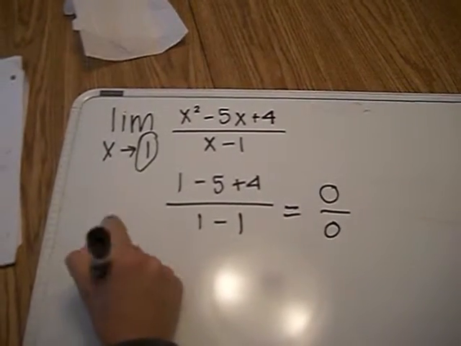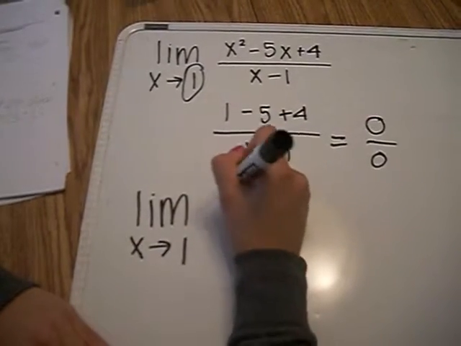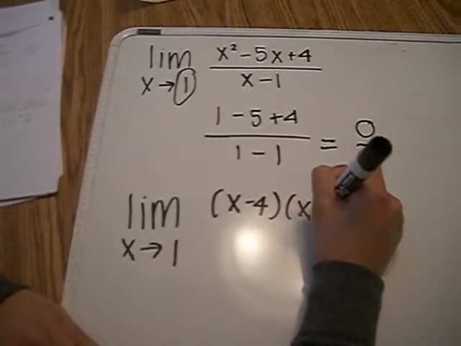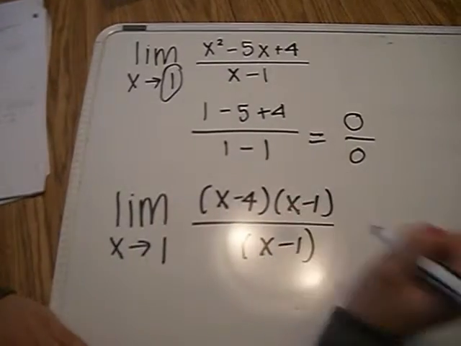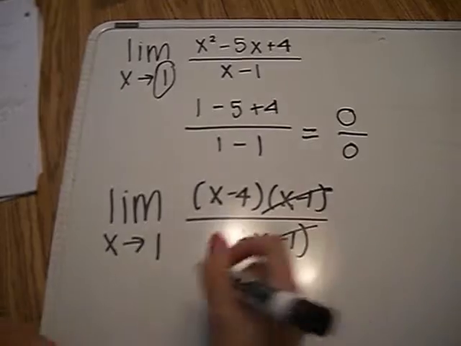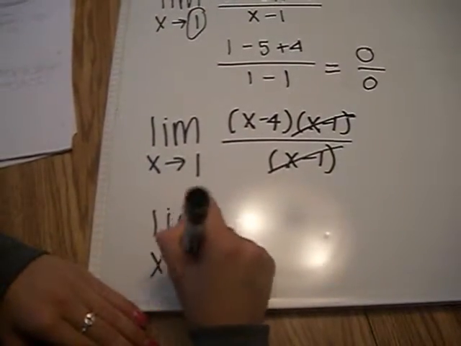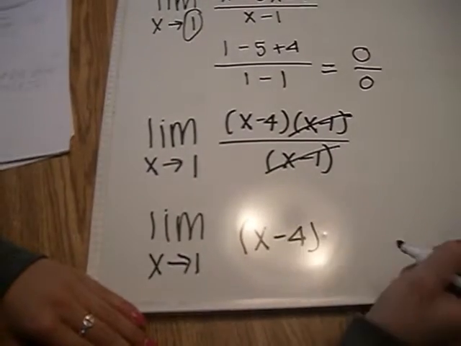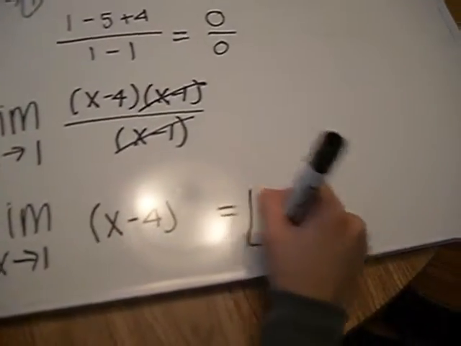So you have the limit as x approaches 1 of x minus 4 times x minus 1 all over x minus 1. And wow, these cancel out. Goodbye. So then you have limit x approaches 1 of x minus 4. When you plug in the 1, this will give you an answer of negative 3.